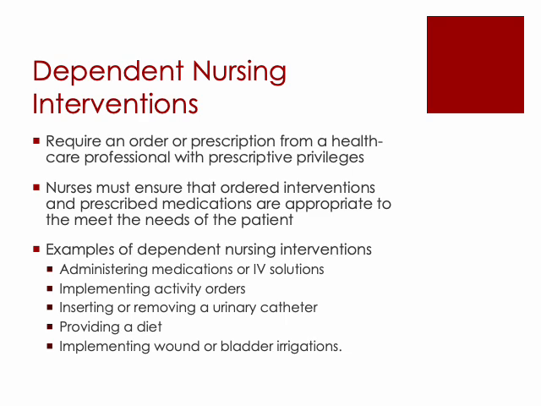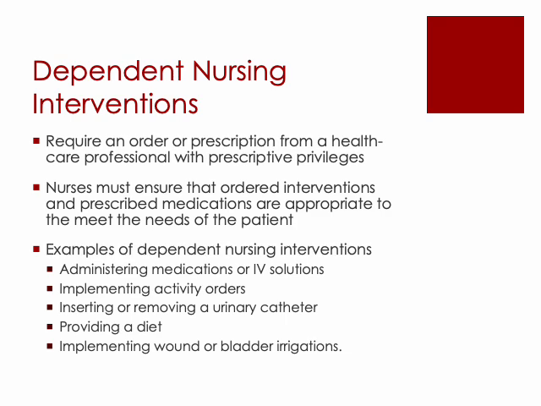Dependent nursing interventions require an order or prescription from a healthcare professional with prescriptive privileges. This can include physicians, podiatrists, physician assistants, and nurse practitioners. Nurses must ensure that the ordered interventions and prescribed medications are appropriate to meet the needs of the patient. If a nurse implements an inappropriate order or prescription, the nurse can be held legally accountable as a contributor to the initial error made by the primary healthcare provider.